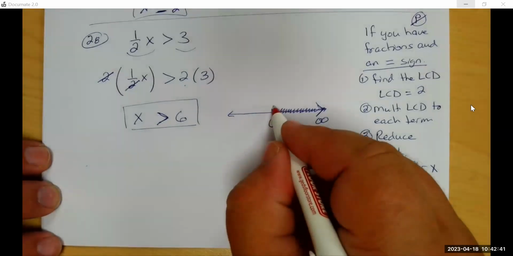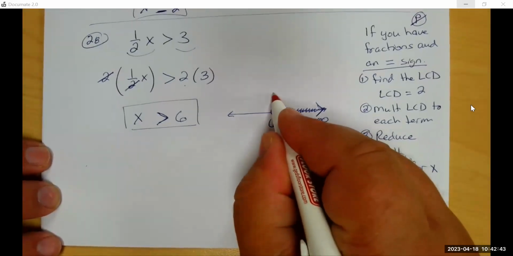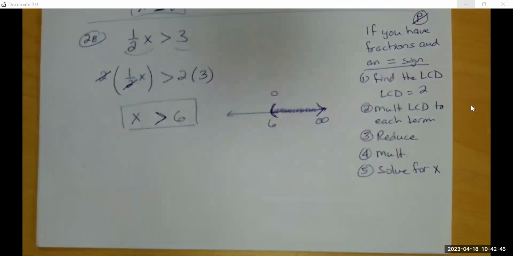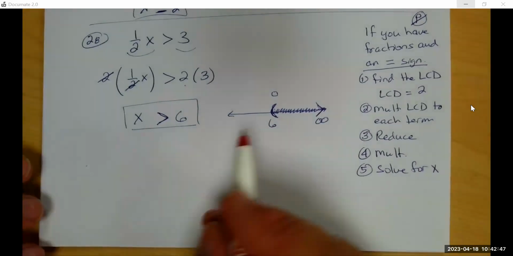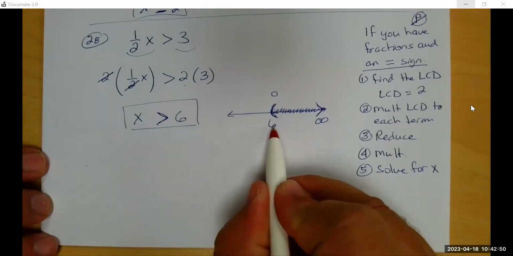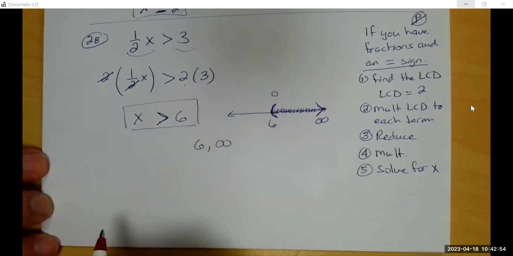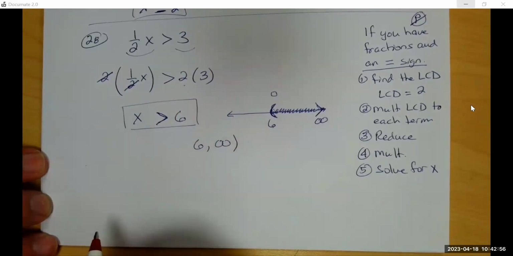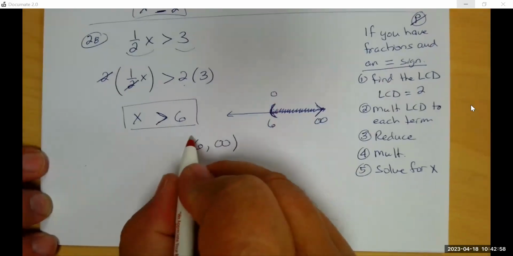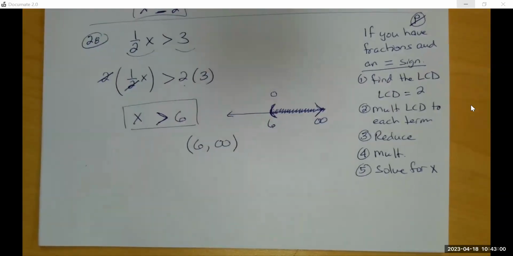Since there's no line, it's either a parenthesis or an open circle. Either one works. Take the beginning and the end. Infinity is always a parenthesis. Since 6 is not included, there we have it.